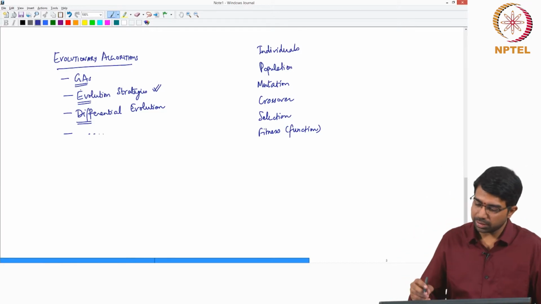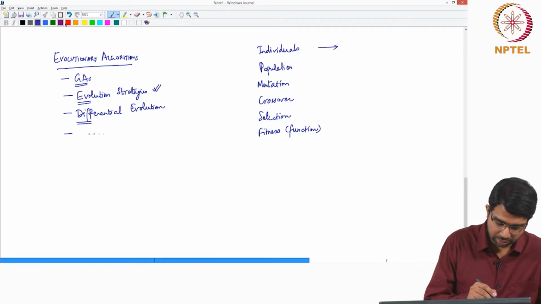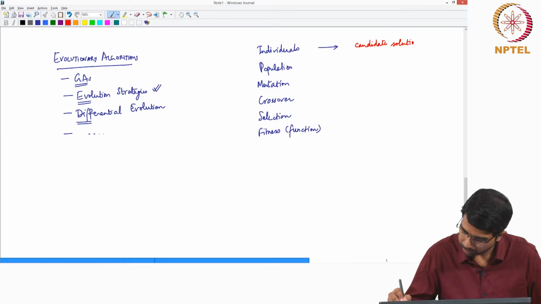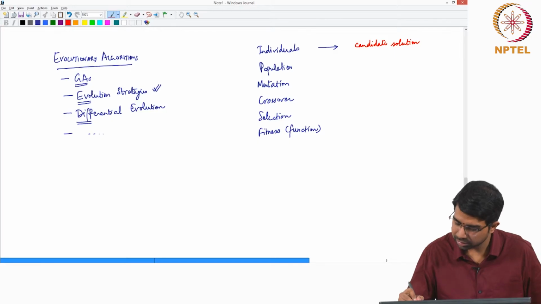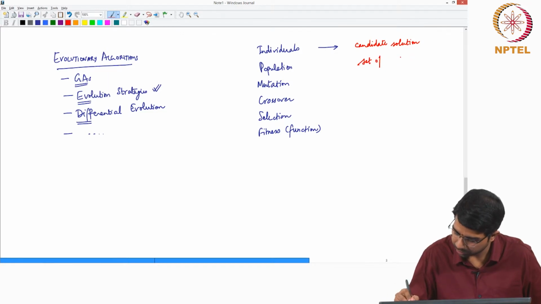So, what is an individual? It is essentially a candidate solution. Population is a set of individuals.